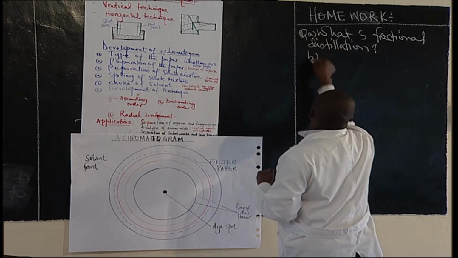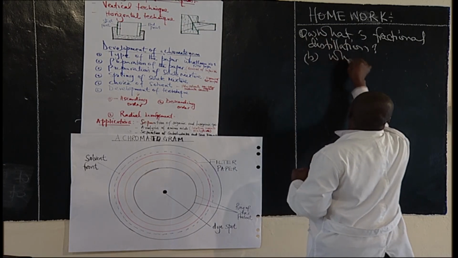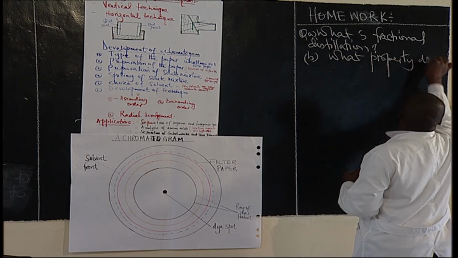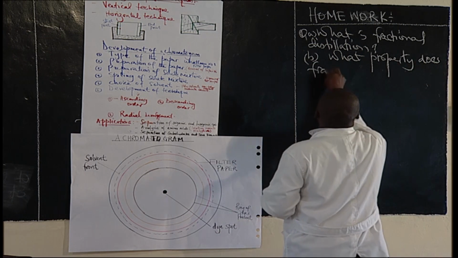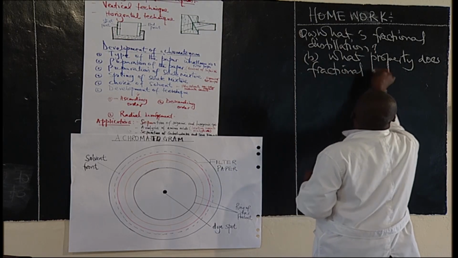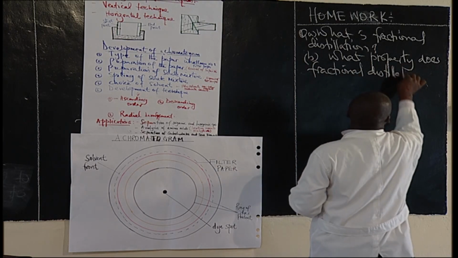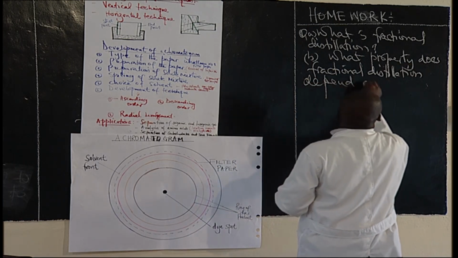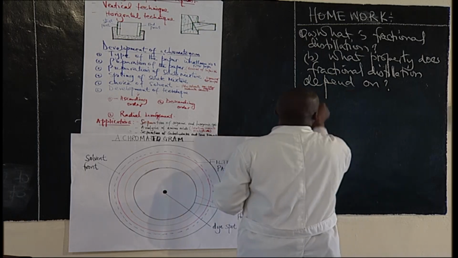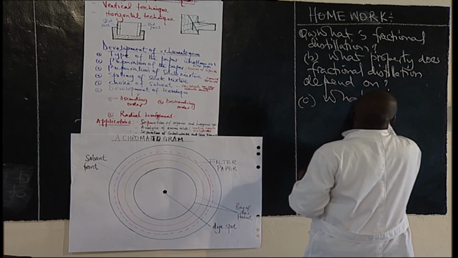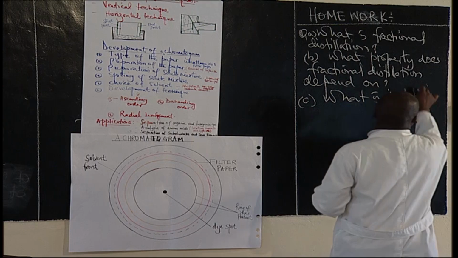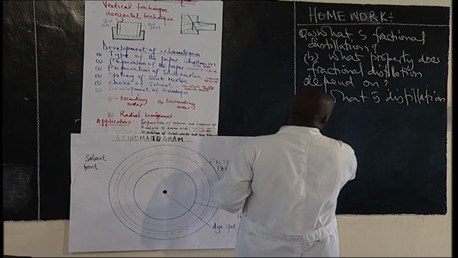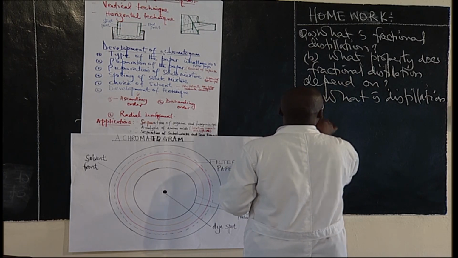That is A. B: what property does fractional distillation depend on? C: what is distillation? That is 1, 2.